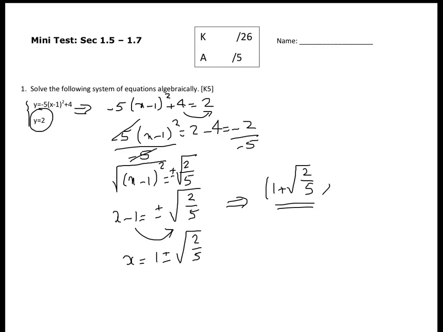We know that the 2 points are going to have the same y coordinate, which is 2. And the next one is going to be 1 minus square root of 2 over 5 and 2. You can also substitute these two values inside this equation and you're going to get the value 2. Doesn't matter.